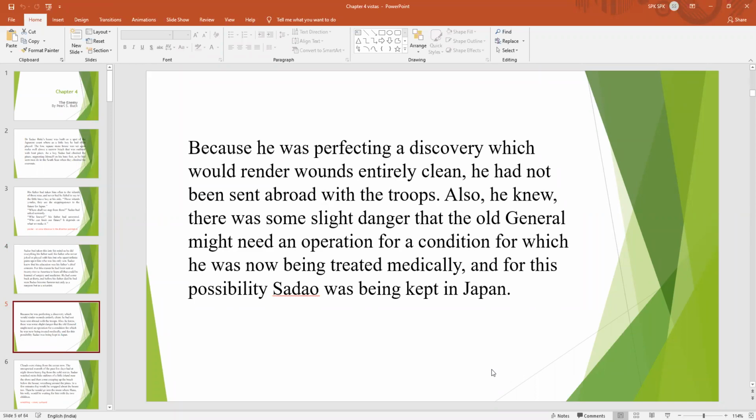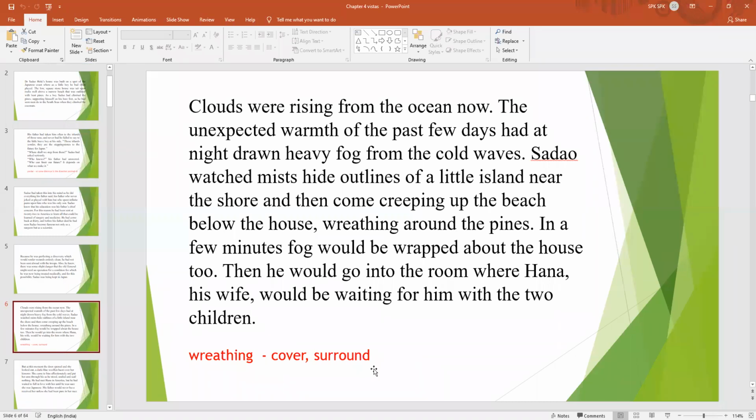And second, the general was ruling Japan, and he was having some medical treatment going on, and Dr. Sadao is treating him, and he knows that in case of emergency, the general had to be operated on. So that's why they have kept Dr. Sadao here in Japan.